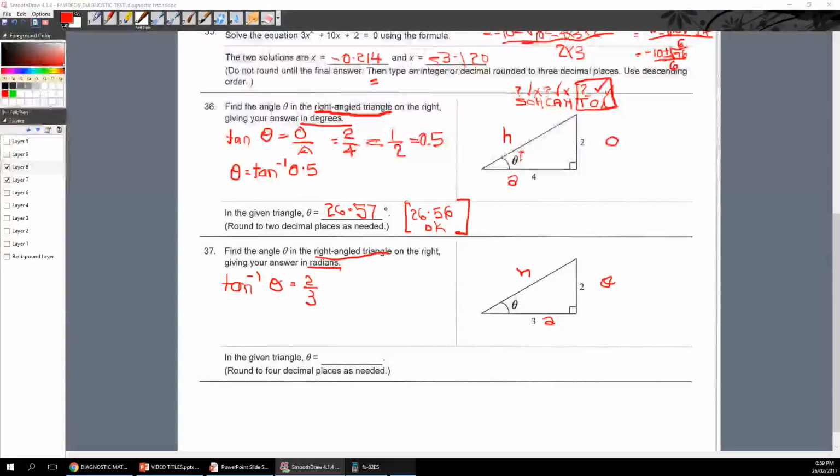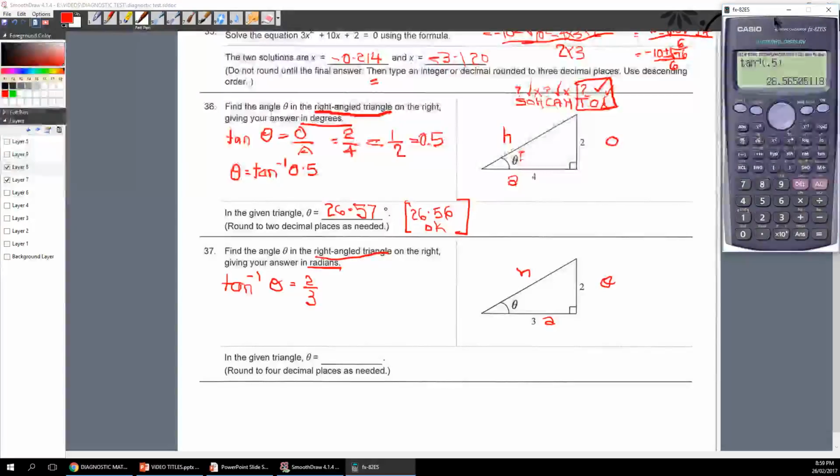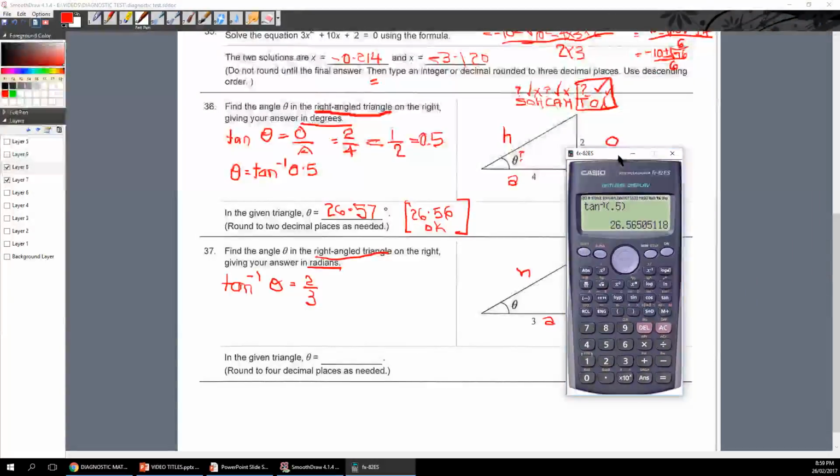Okay, we can do that on the calculator. So let's go to the calculator, bring it up front and center. Now we're going to change the mode. So we go shift mode, and we'll go to radians, which is 4.